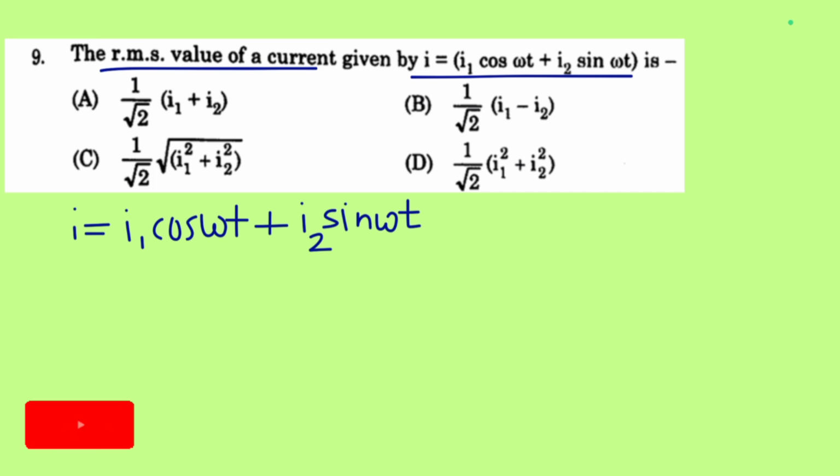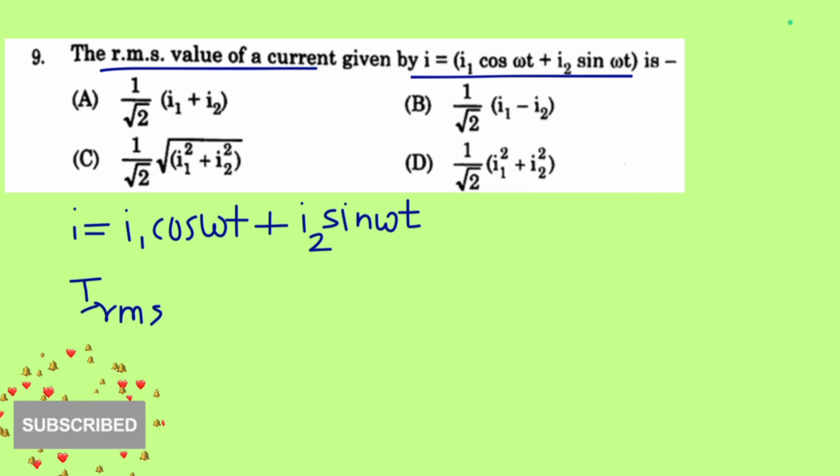Now the current is given in a format that we call vector format, meaning the current is given in two directions. Obviously it is an instantaneous current. Now we have to find the RMS value of that particular current.